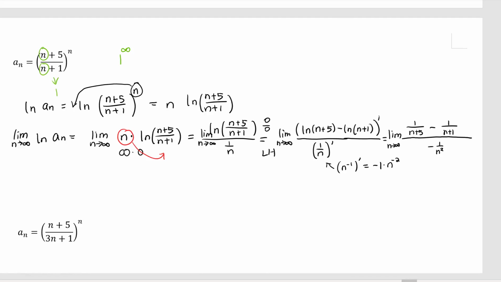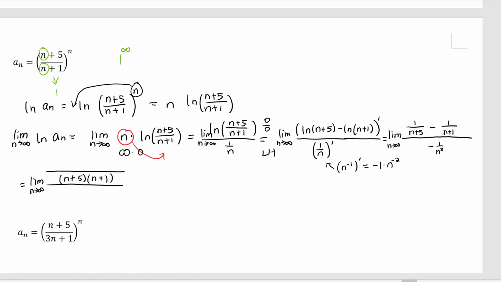Okay, what is that? Let's simplify it. I don't want to see a fraction in a fraction, so let's simplify it. We combine the top together. So this is the common denominator, and then what do we put on top here? How do we get the common denominator?